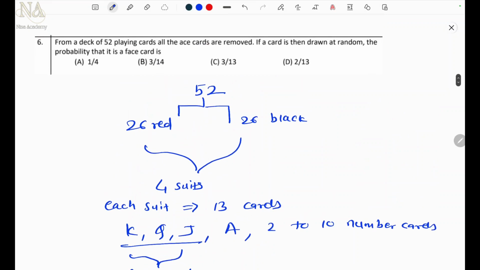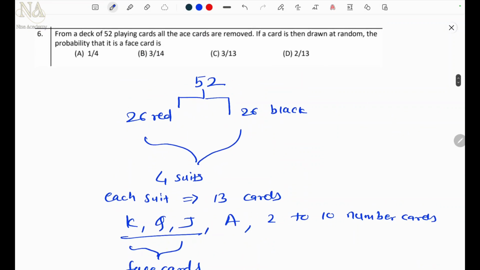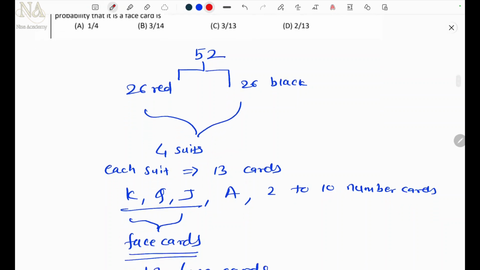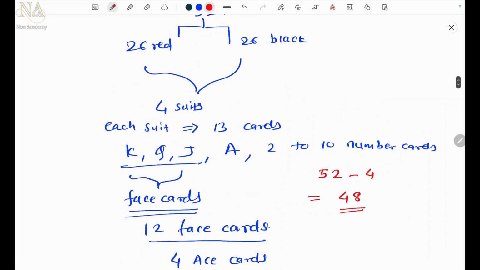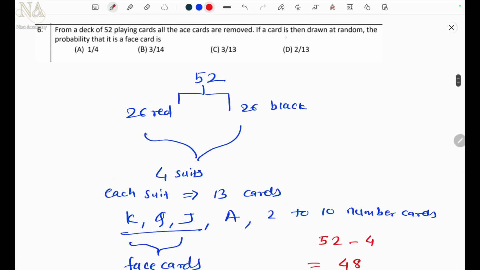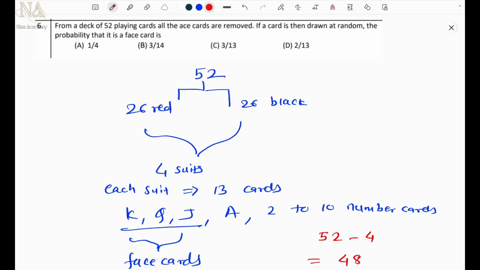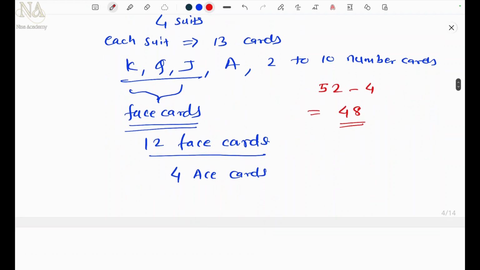Now let's see the question. From a deck of 52 playing cards, all the ace cards are removed. The total is 52, and 4 ace cards are removed, so the total possible outcomes is 48. Next, if a card is then drawn at random, the probability that it is a face card. There are 12 face cards.